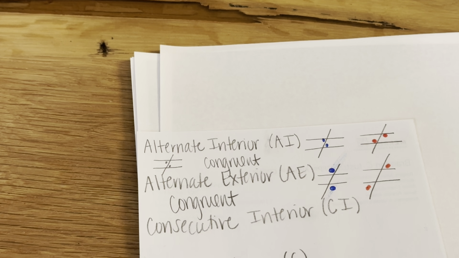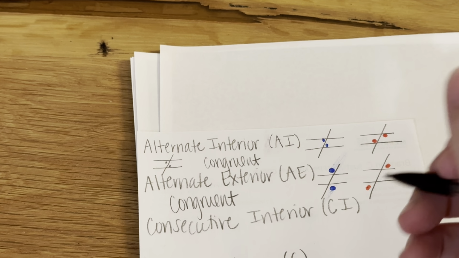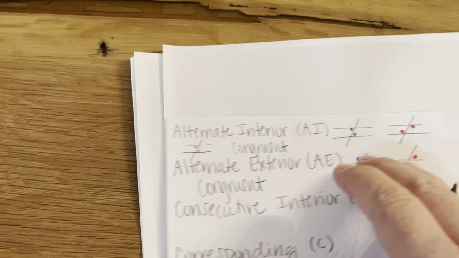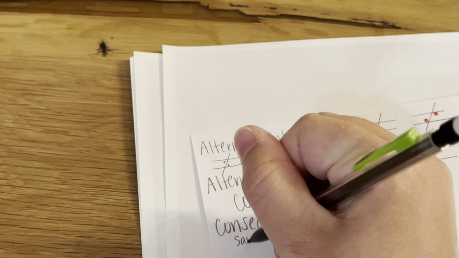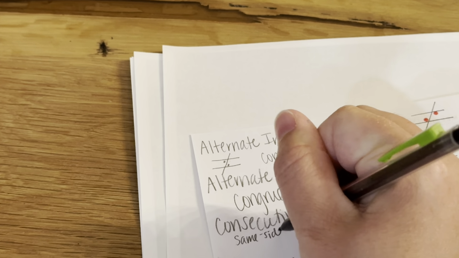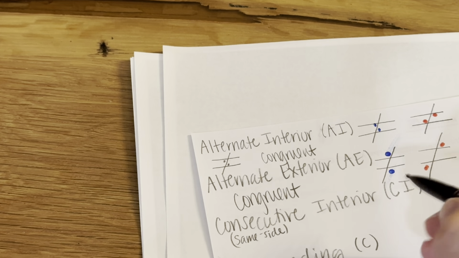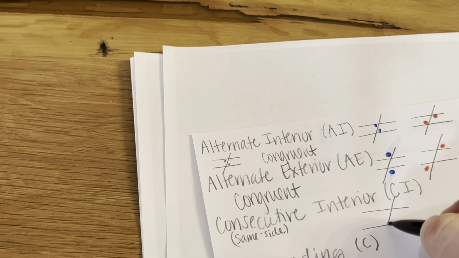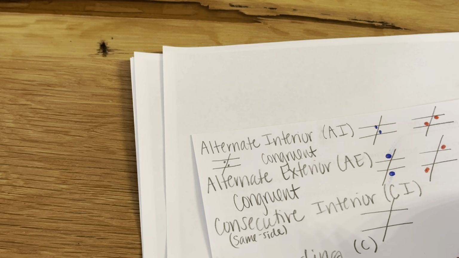Consecutive interior, that's not the term I used or the book that I taught out of, but we taught them as same side interior. And that may make a little more sense. I mean, consecutive, it's the same thing. It's just a different term for them.